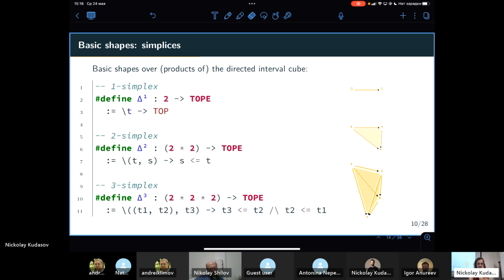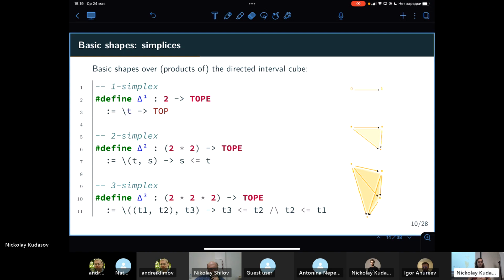And with the 3 simplex, so 3 simplex is a tetrahedron, the convention is you introduce variables from left to right, and then you order them in the reverse direction with the less than or equal to, to get the default sort of polyhedra in whatever dimensions you need.